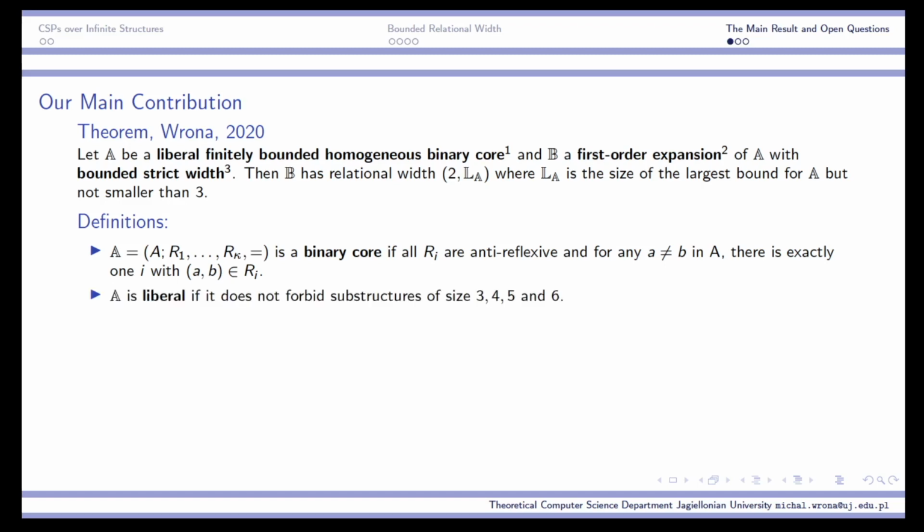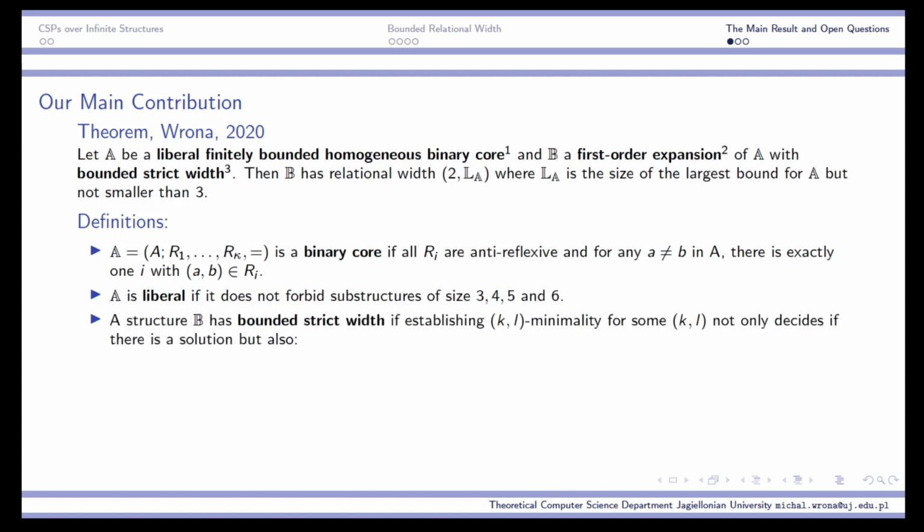A is liberal if it doesn't forbid substructures of size 3, 4, 5, and 6. A structure has bounded strict width if establishing k,l-minimality for some k,l not only decides if there is a solution, which is what we require for bounded relational width, but we require more: every partial solution of this minimal instance is extendable to a total solution.